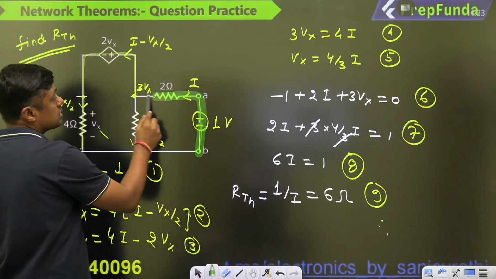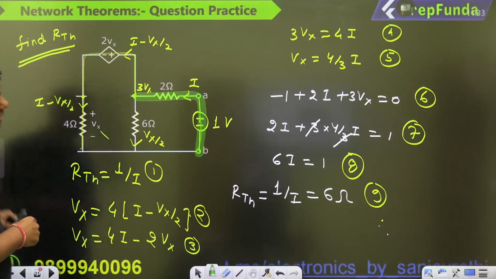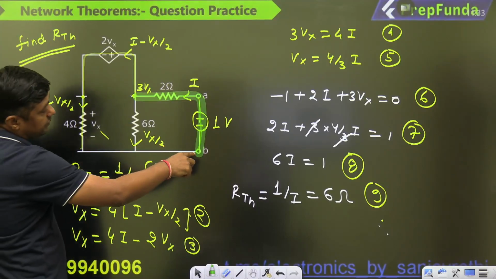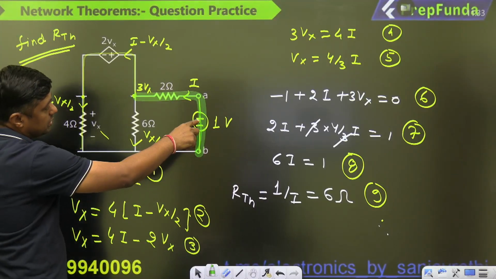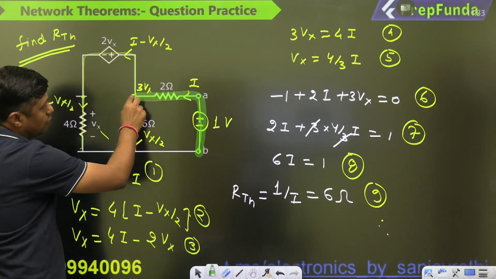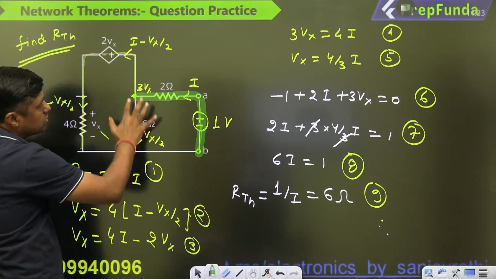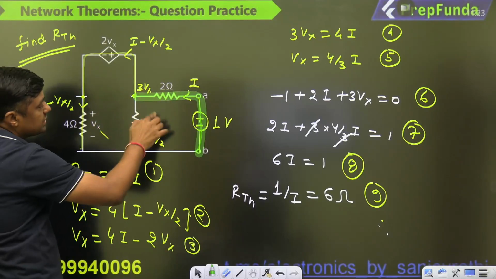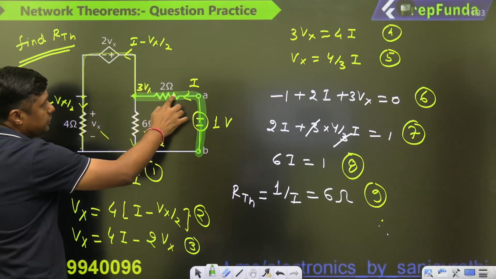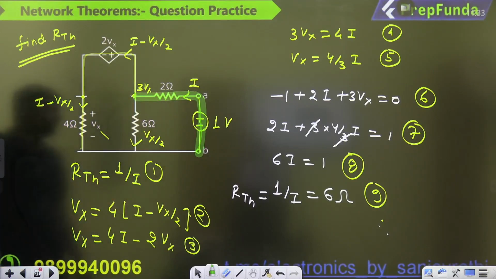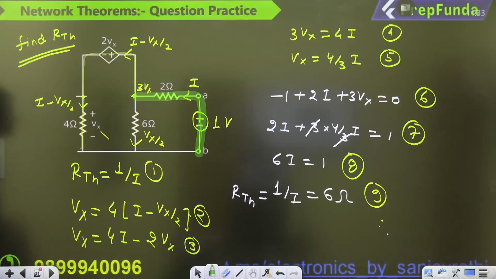This point, bas. Watch it. What is the voltage? -1 plus 2i, and what is the voltage of this node with respect to ground? 3Vx. This is finished. -1 plus 2i plus 3Vx. And that is the equation number 6.